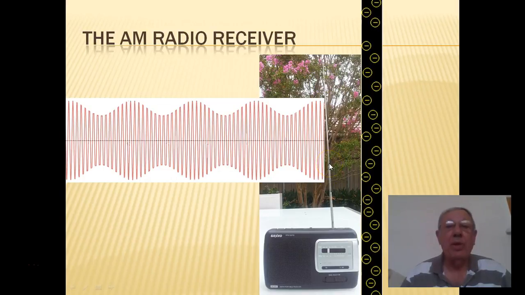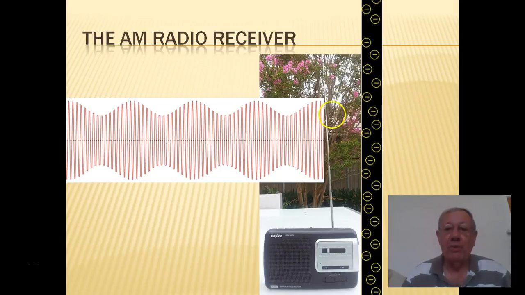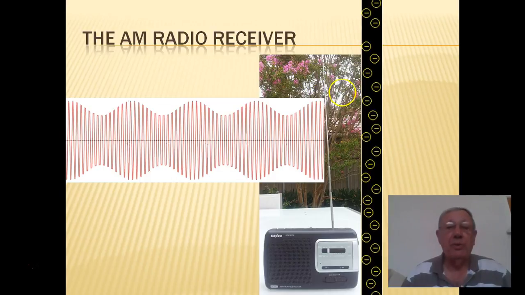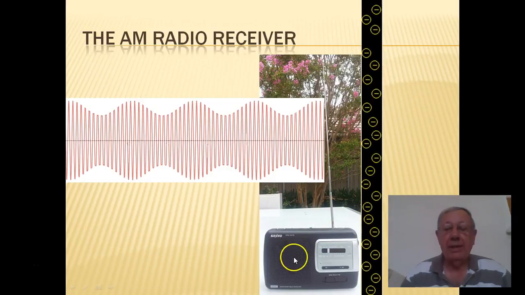Now, you couldn't have an aerial made out of wood. Why? Because the electrons in wood don't move, but certainly in metal, the electrons do move, and this is what the radio wave makes happen here. So that creates a current, an alternating current, which extends into the radio itself.